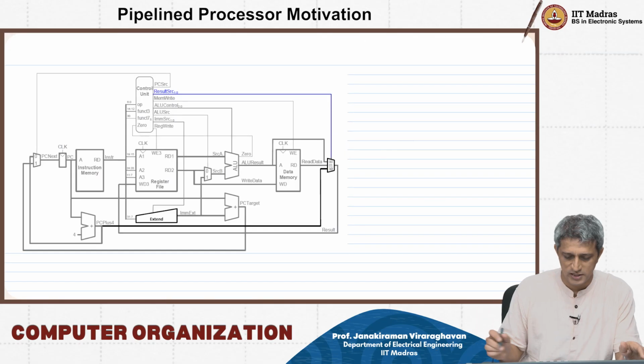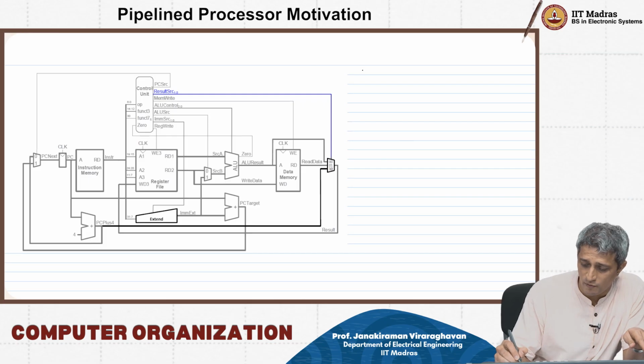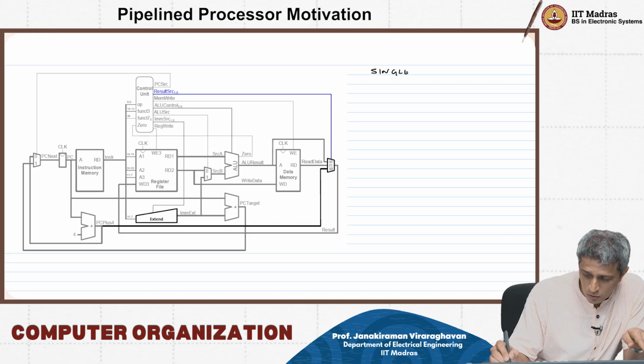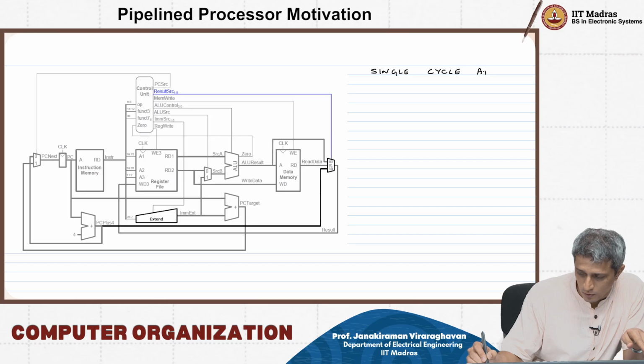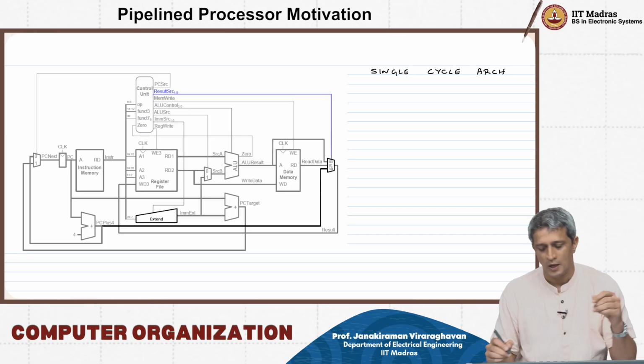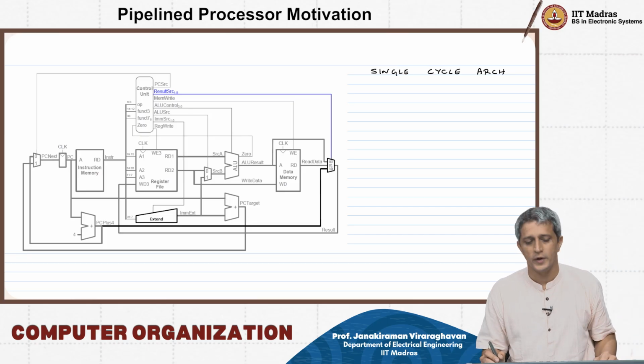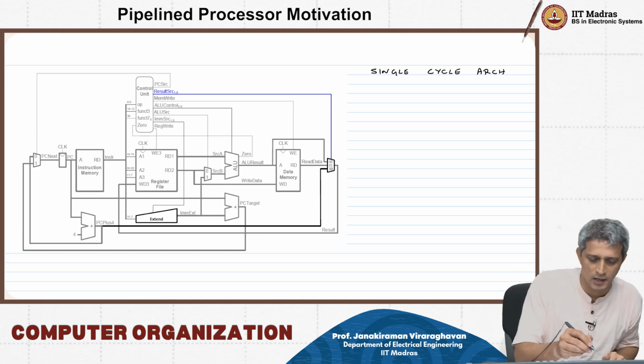This is the single cycle architecture that we had looked at earlier. What did we do in order to make this a multi-cycle implementation?